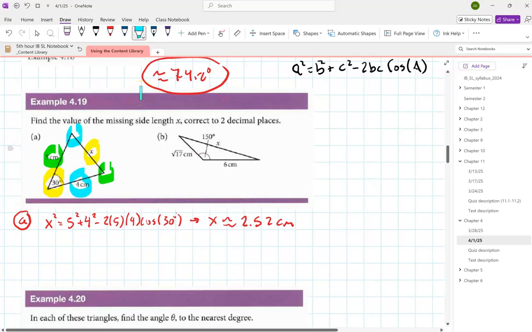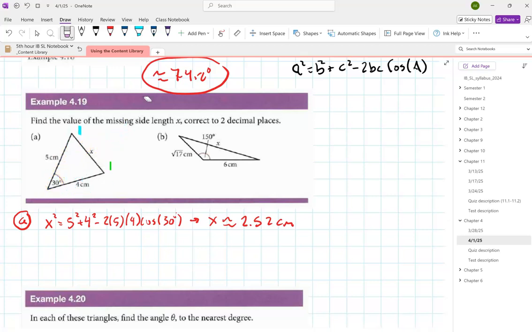So 30 was a pretty small angle. I found it hard to believe that that was the biggest. If this side was 5.2, that would make 30 the biggest angle in my triangle. Can 30 be the biggest angle in a triangle? Nope. That's how I knew just by looking at my answer that I had done something wrong. I forgot a 4. Oops.